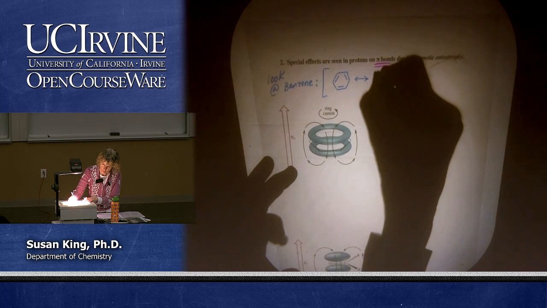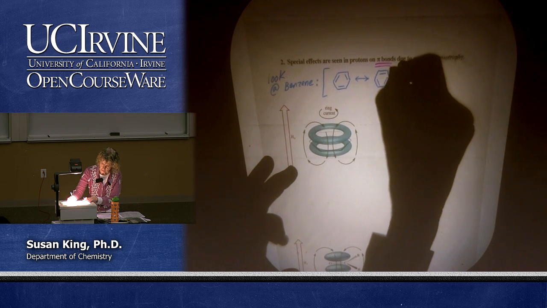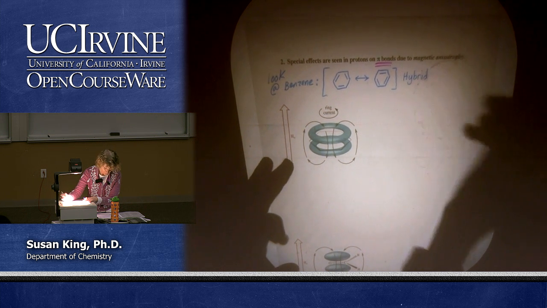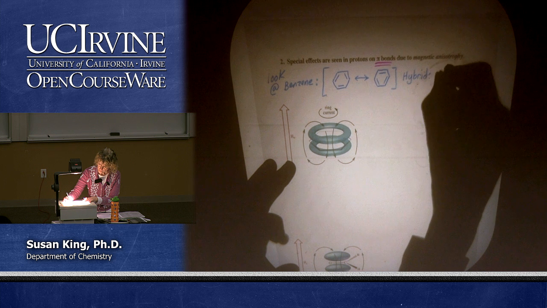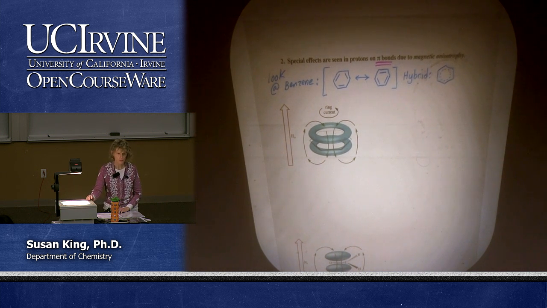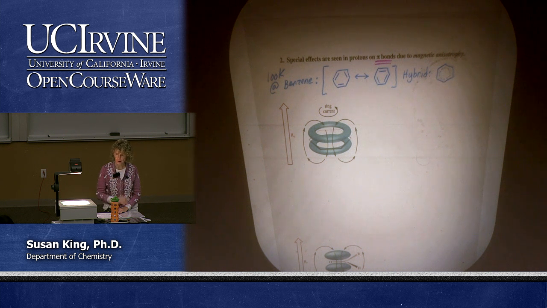This much we do know. And we know what the hybrid looks like. So it looks like that. In fact, you'll see benzene, especially in a lot of older textbooks, drawn with just a circle in the middle. That's to show that those electrons are shared equally by all of the carbons.